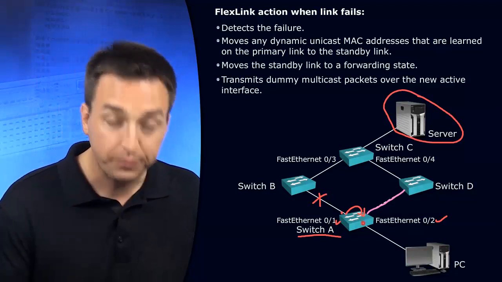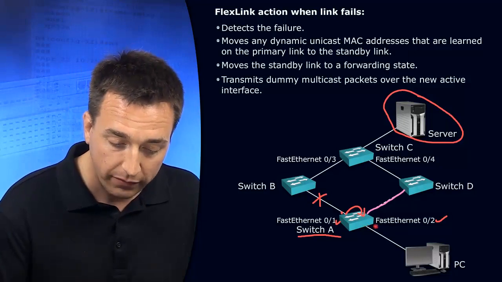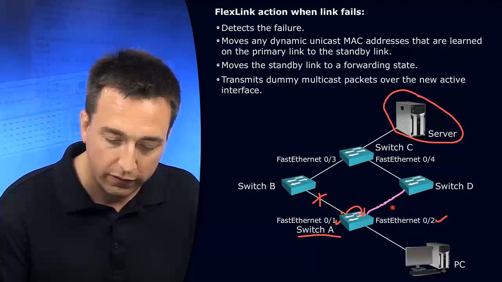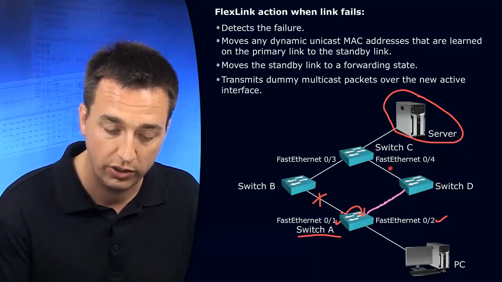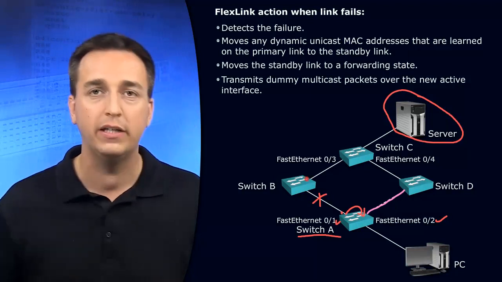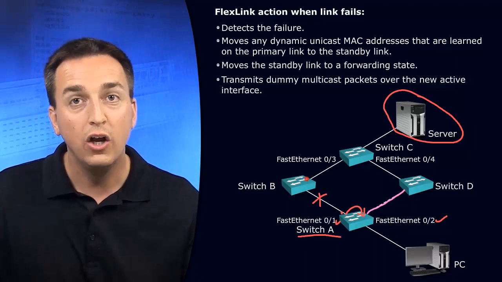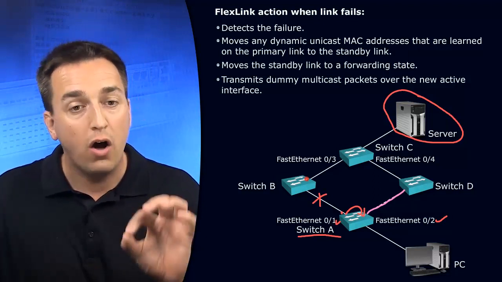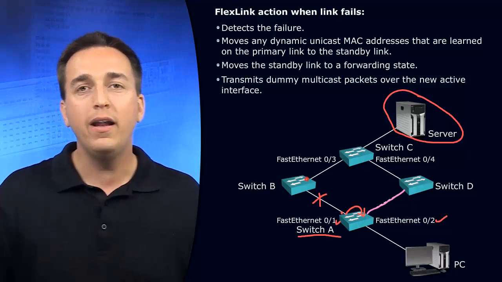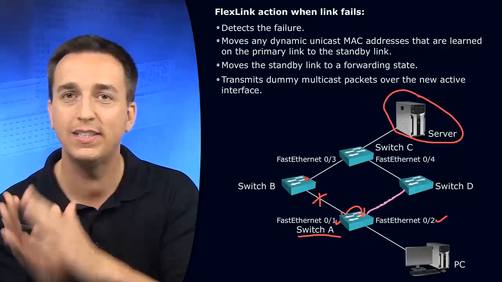Whatever MAC addresses it learned from downstream devices, it will transmit upstream, up this interface. So switch D learns it, and then switch C learns it, and switch B learns it inbound on this interface. So behind the scenes with FlexLinks, there's a lot going on to make sure that all the MAC address tables get updated when that transition occurs from the active link to the standby link.